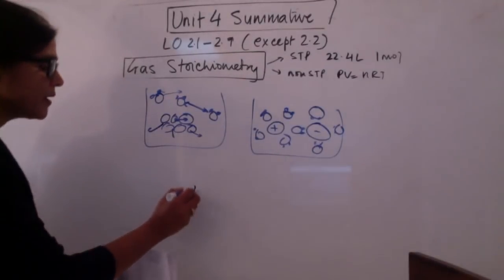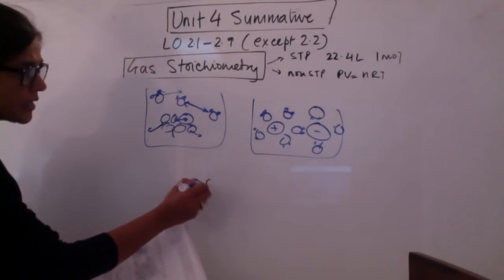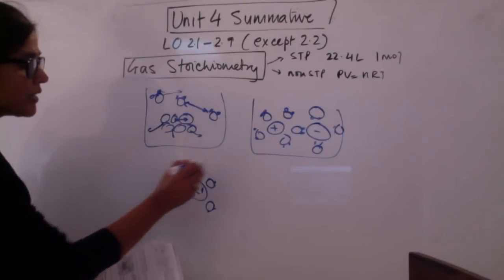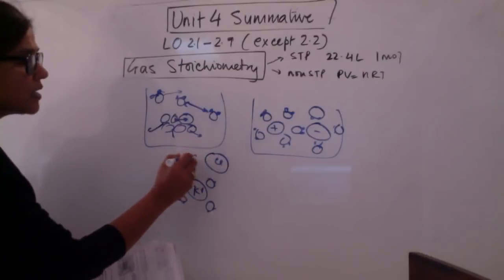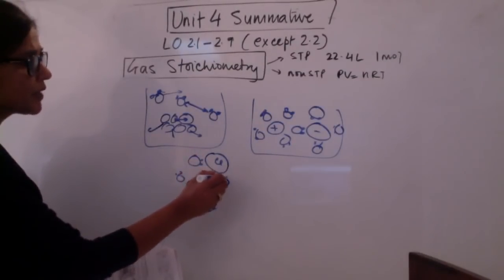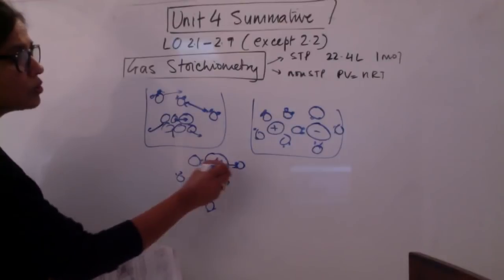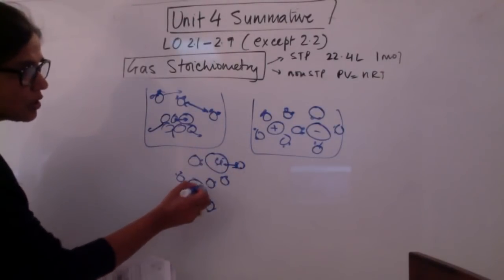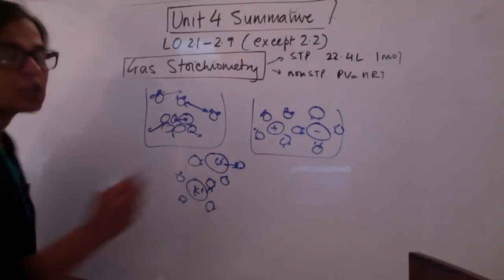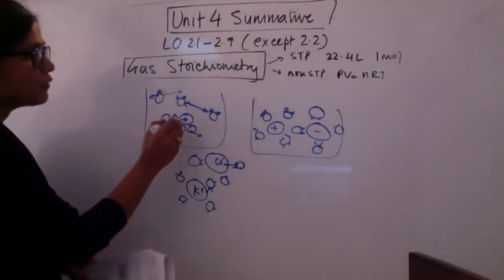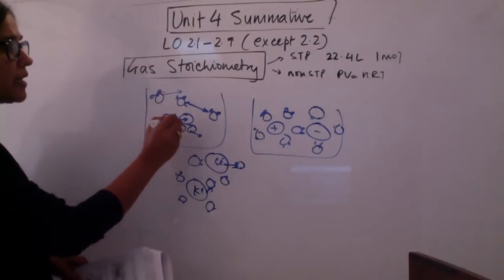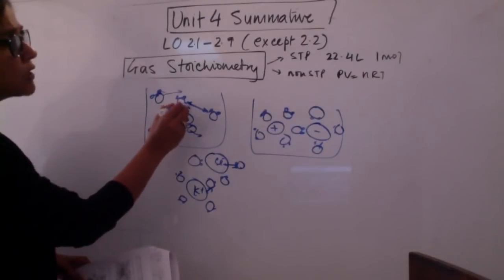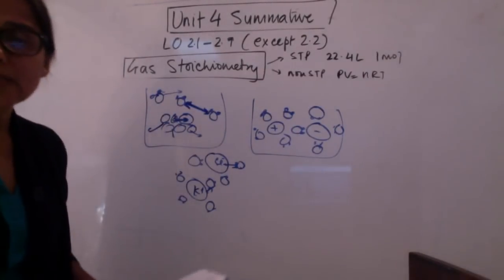So I was hoping that you'll be able to identify some K plus with water molecules around it, and you'll be able to identify some Cl minus with water molecules around it. So then you could label it solute-solvent interactions, right? This is solvent, this is solute, this is solute, this is solvent. So these could be solute-solvent interactions. And if you had some solid KCl in there, then these interactions will be solute-solute interactions. But if you had some water in there, it'll be solvent-solvent interaction.